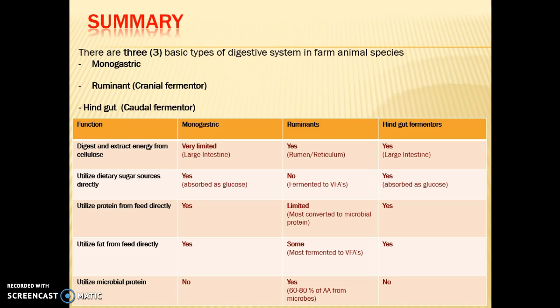They utilize dietary sugar, protein from the feed directly, fat, and also microbial protein. Here you can see the utilization of microbial protein. Only ruminants can utilize the microbial protein, whereas the monogastric and the hind gut fermenter cannot.